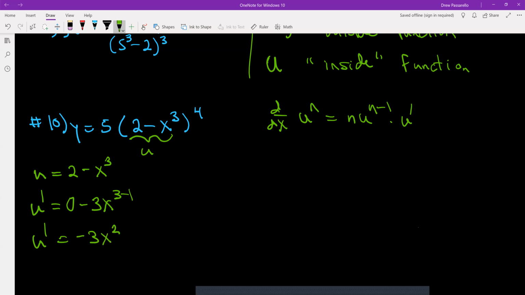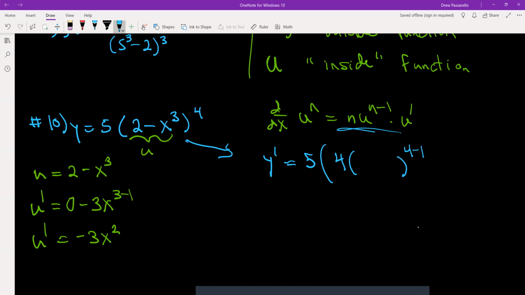All right, so working out the problem. If I take the derivative, y prime is going to equal, and then I factor out the 5. So I put 5, and then I'll put in parentheses this portion. In this case, our outside function is raising something to the 4th power. So if I were to find the derivative of that, it's going to become 4 times whatever our inside function is raised to the 4 minus 1 power.